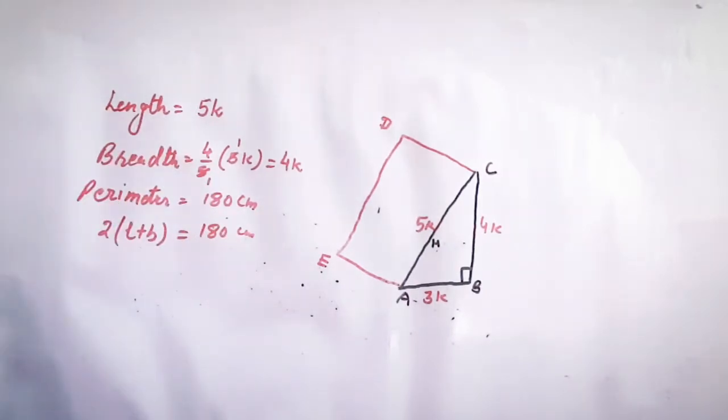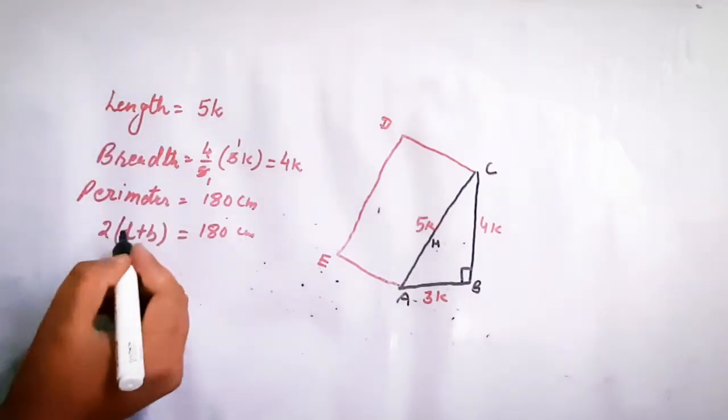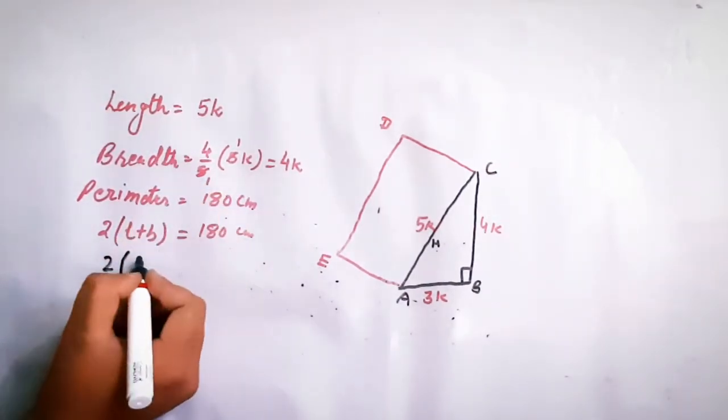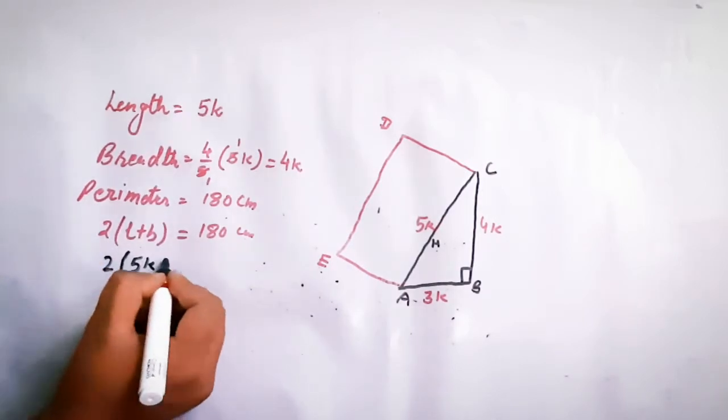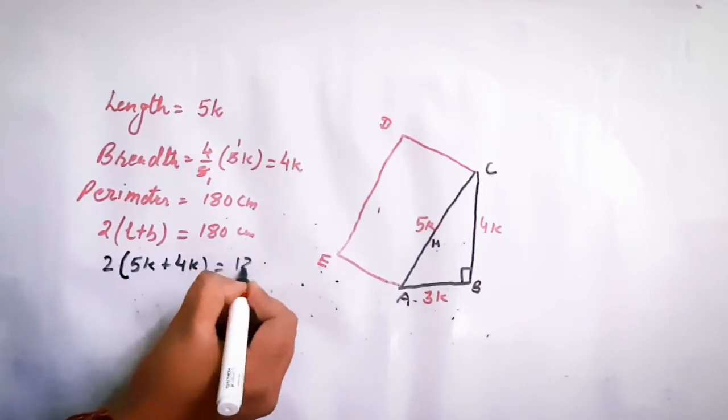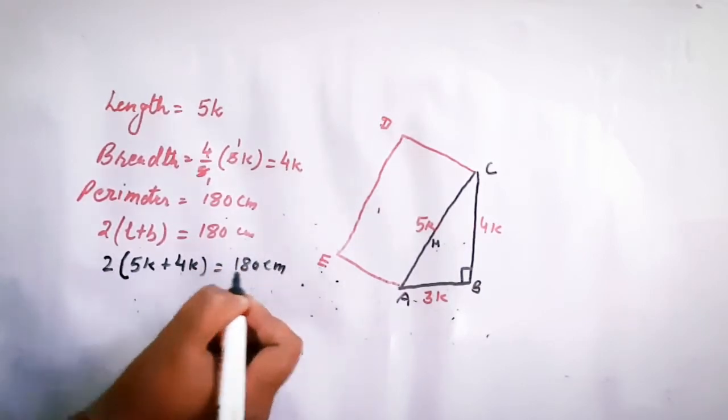Replace the values here. The values will be 2 multiplied by length, which is 5k, and breadth, which is 4k, equals 180 centimeter.